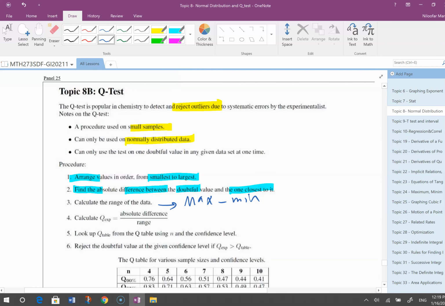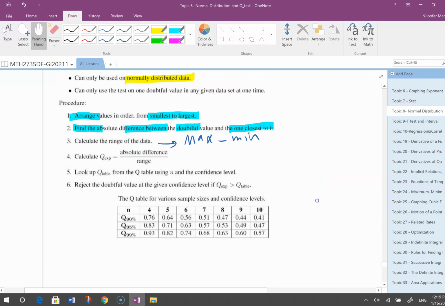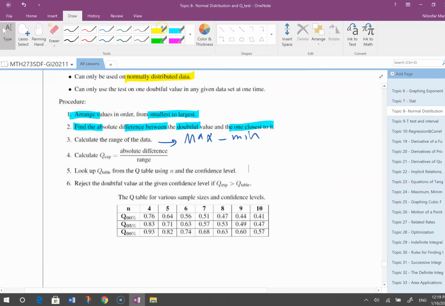Then you look at the confidence level. Okay, you look at the confidence level in the question. So let me show you here. The confidence level can be, for example, 90% or 99% or 95%. And I look at the number of data that I have. For example, if I have six data, I go here.